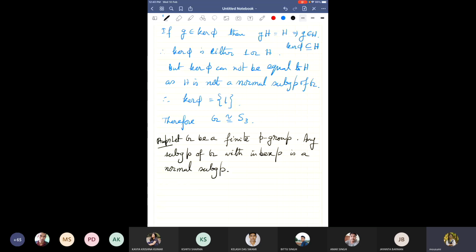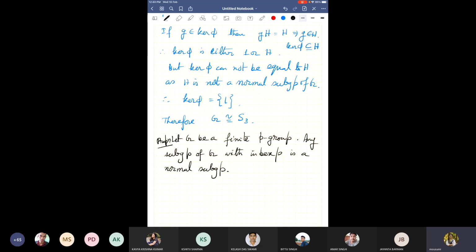In general, it is not true because we have already seen that, for example, in the previous case, we have H to be an index 3 subgroup, where 3 is a prime number and 3 divides the order of the group, but still this H was not a normal subgroup.